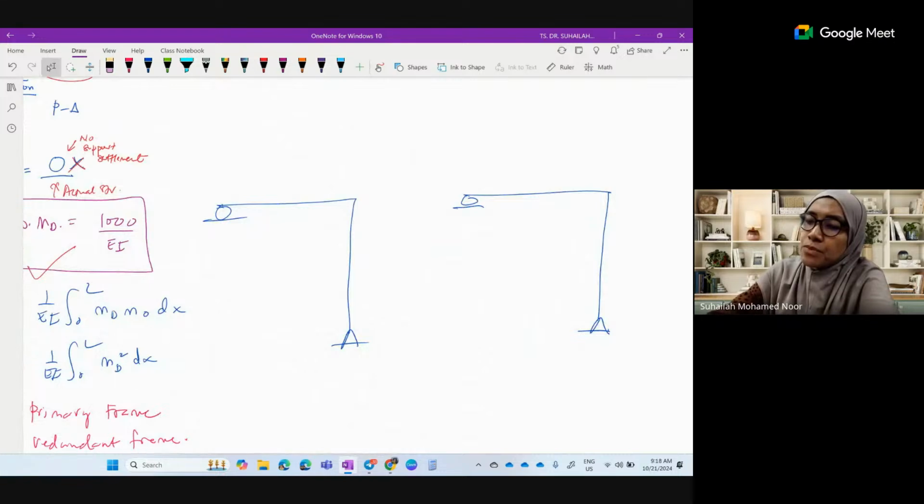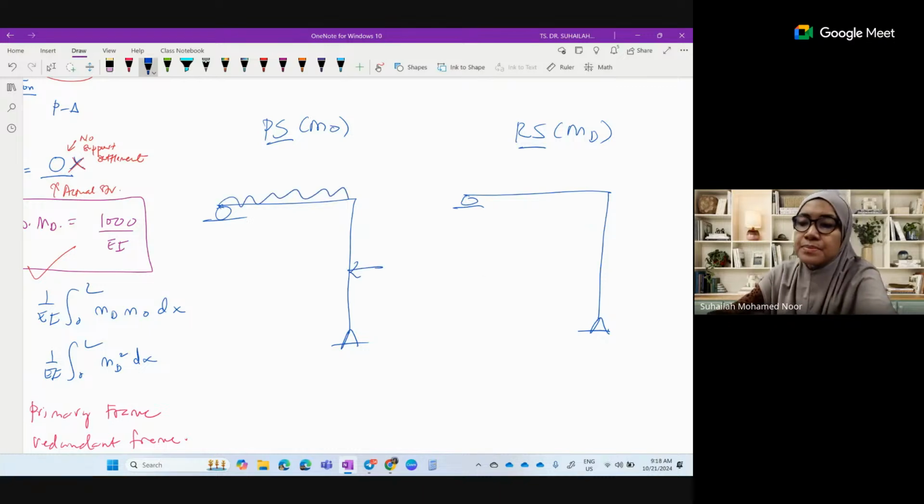So this is the primary structure, this is the redundant structure. In the primary we will produce M naught, in the redundant structure we will produce MD. If you use the symbol 1, it's M1. It has a UDL here and a point load here.